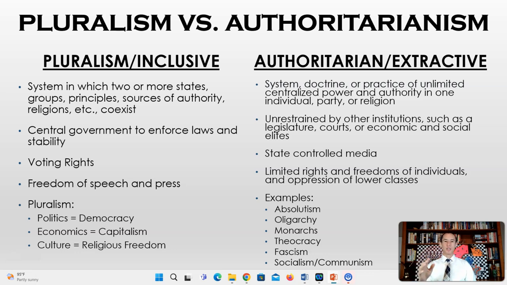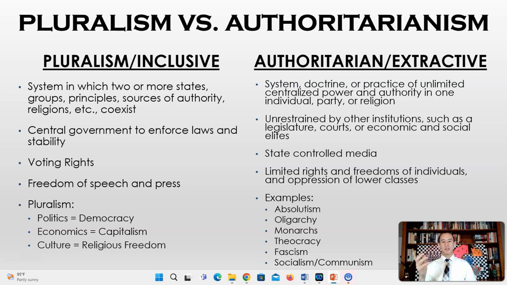And there's a lot of examples of different kinds of them. Absolutism, like monarchies, oligarchies that is ruled by a small group of rich elites, monarchies themselves, obviously, theocracies ruled by religion, fascism, which we'll talk about later, socialism, communism.